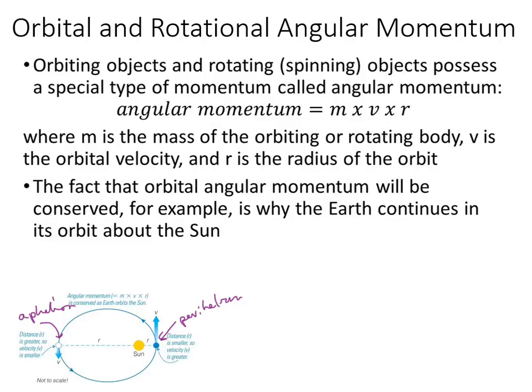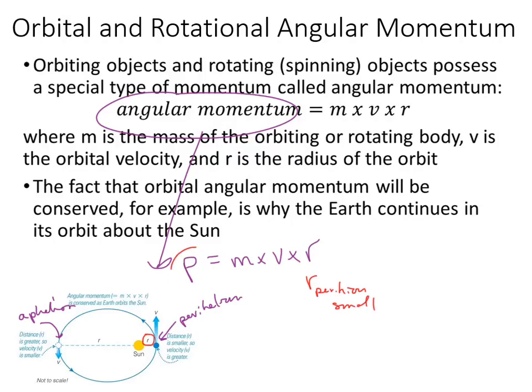So if angular momentum exists and is conserved here, the symbol for angular momentum is P. So P, angular momentum, is equal to mass times velocity times the radius. Can you see where this radius, when it's at perihelion, is small? So radius at perihelion is small.